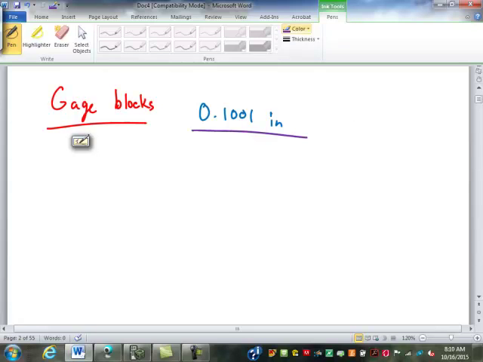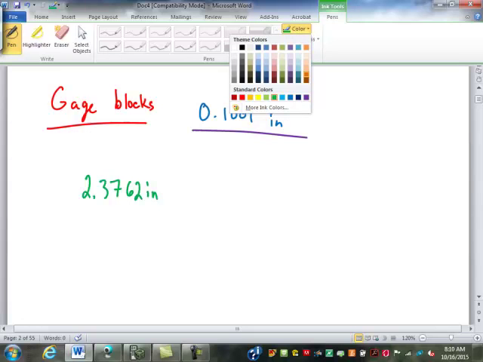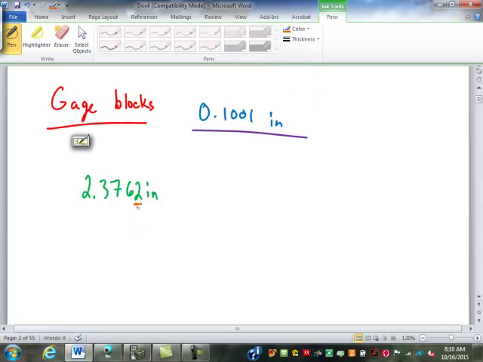So if I want to build 2.376 inches, well, 2.376 inches with our gauge blocks. We start at the smallest place value, which is the 10,000ths. We need to get a 2.